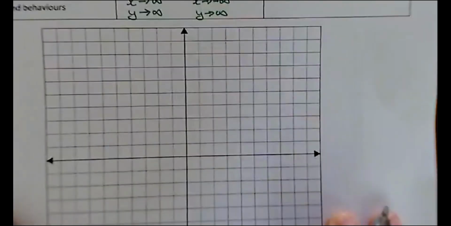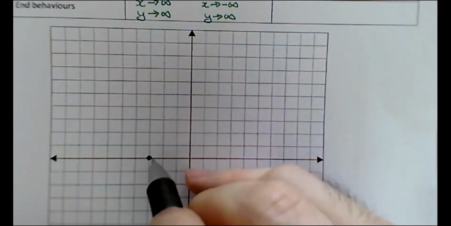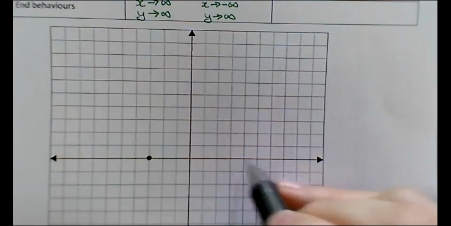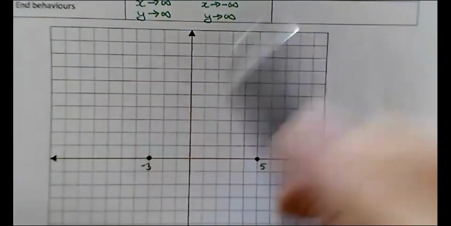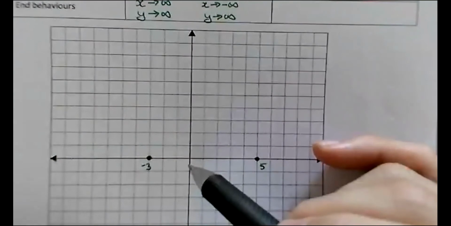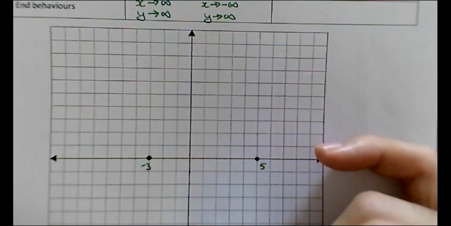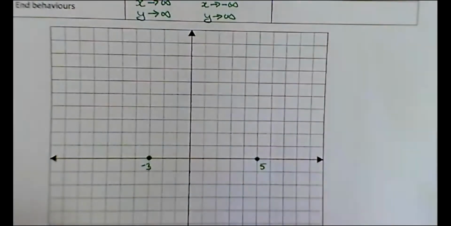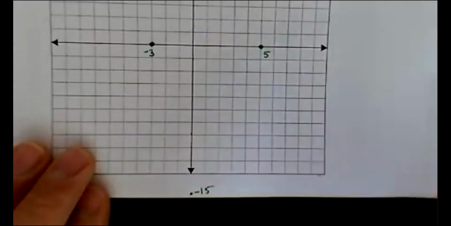I'm going to also go ahead and use a different color. -3, 1, 2, 3, 4, 5. And the Y-intercept is -15. -1, 2, 3, 4, 5, 6, 7, 8, 9, 10, 11, all the way down to -15, all the way down there somewhere.